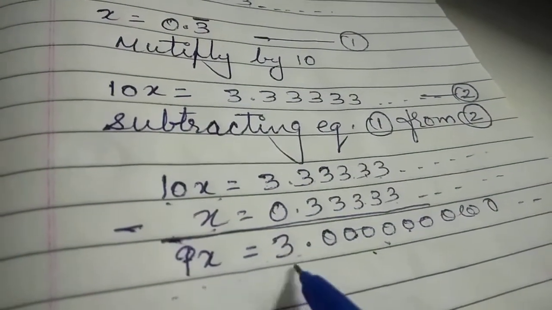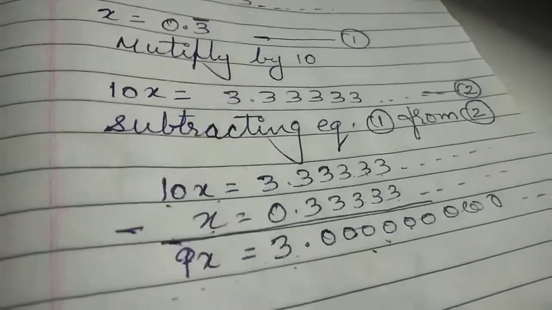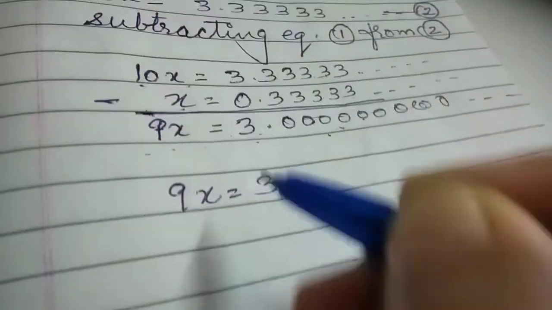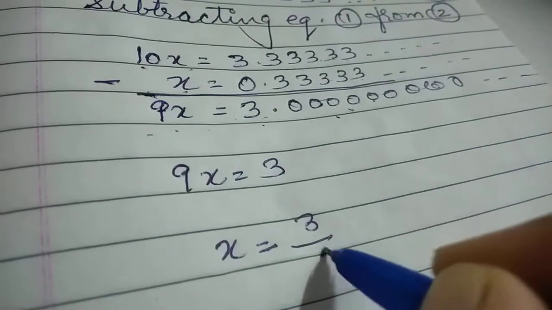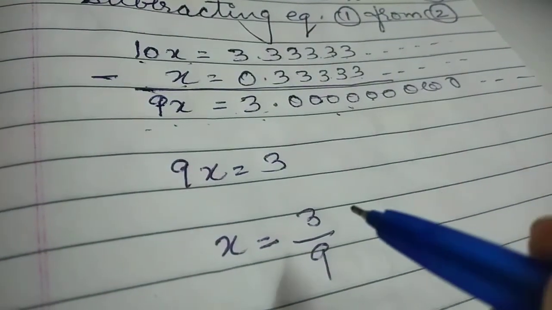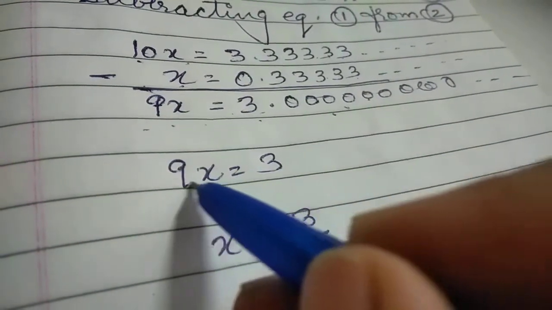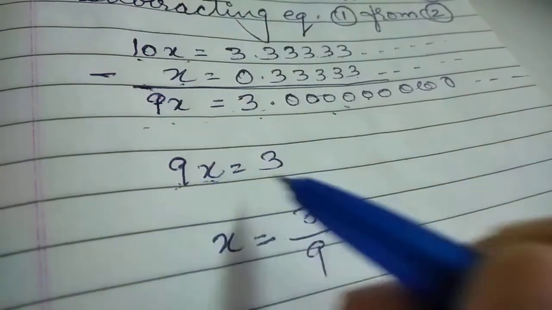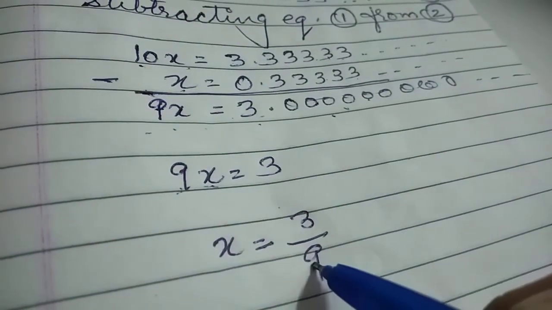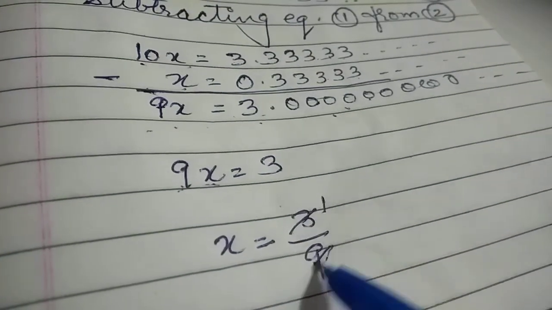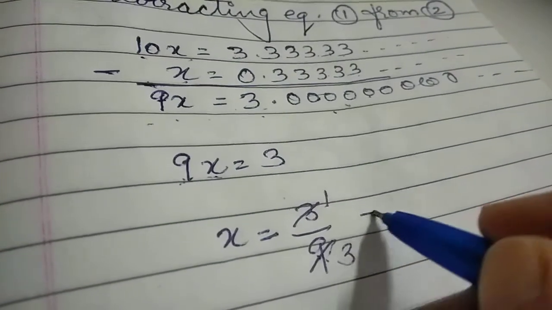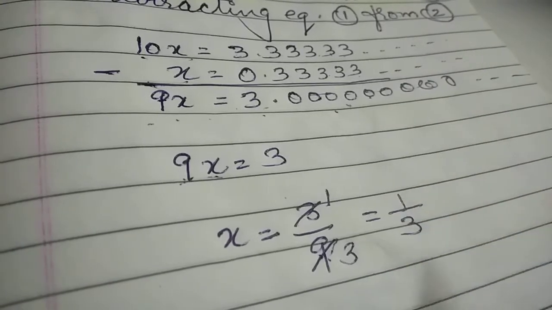If 9x is equal to 3, then x will be equal to what? 3 upon 9. Because this 9 is in multiplication with x, when it goes to the other side it will become division. So 3 upon 9, we cancel it, and it is equal to 1 upon 3.